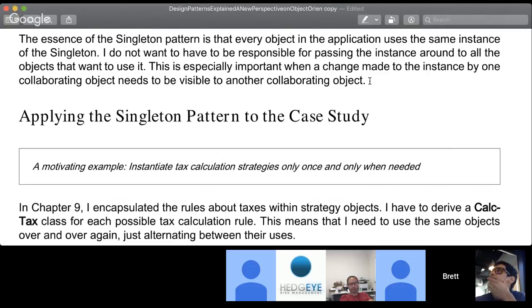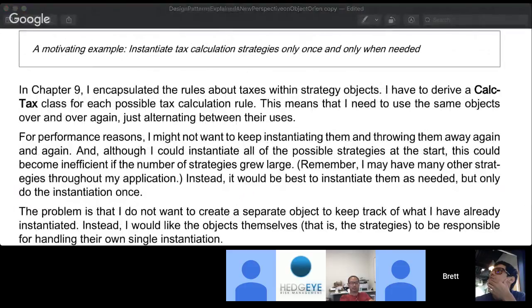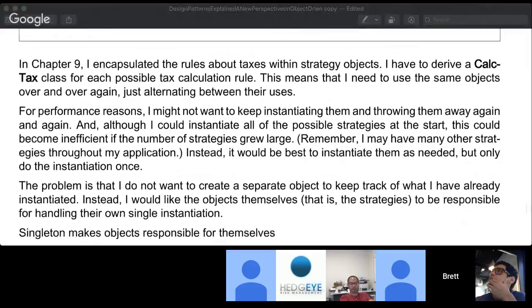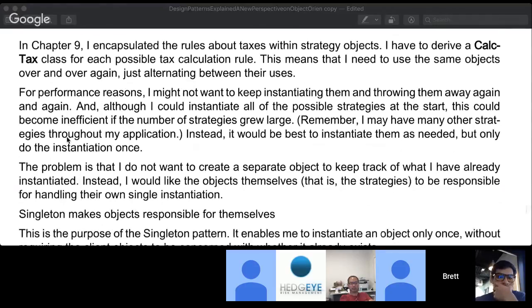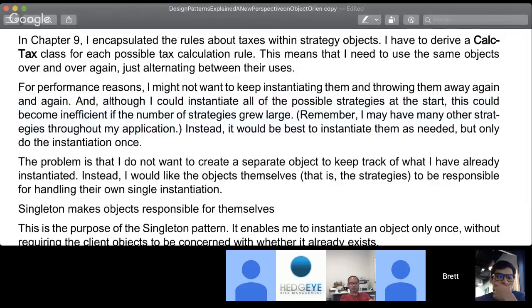But I even see me putting information in databases and just instantiating over and over. So that goes into, for performance reasons, you may not want to keep instantiating the same object over and over and throwing them away. And there's this note about, although you could instantiate all the possible strategies at the start, this could become inefficient if the number of strategies grew large.